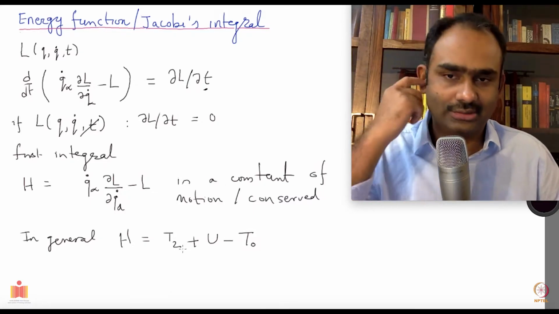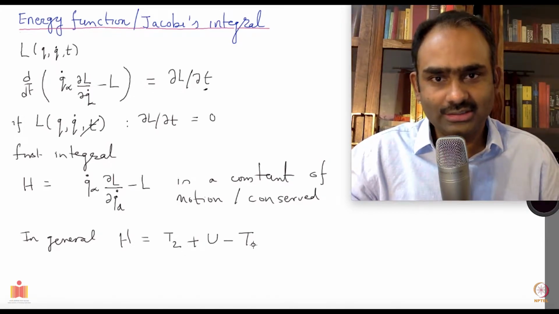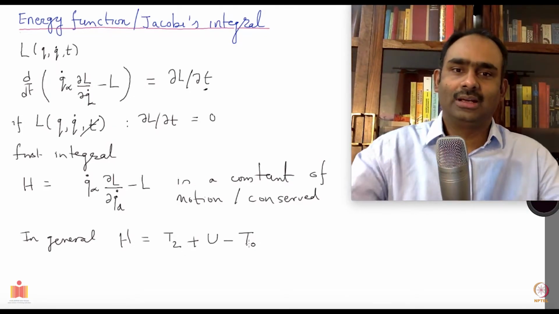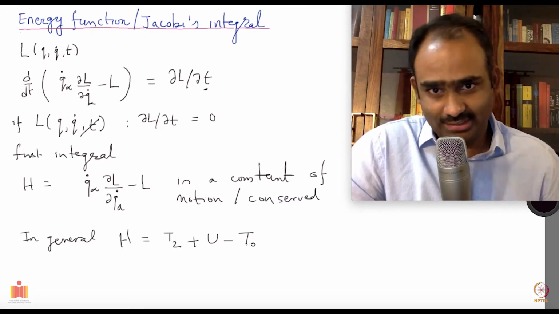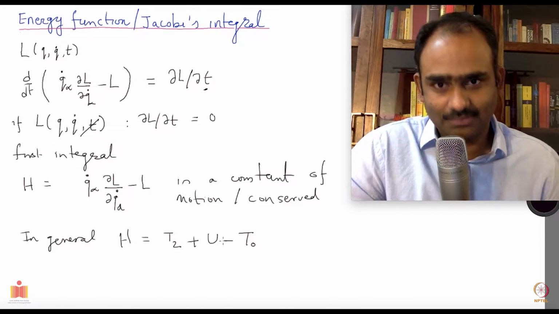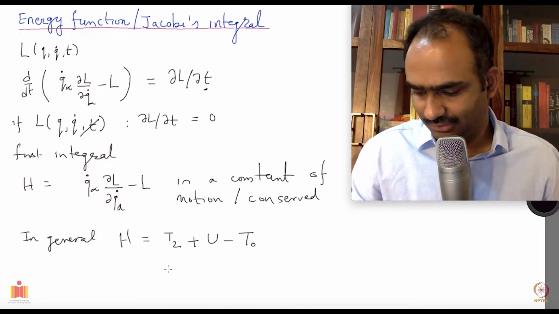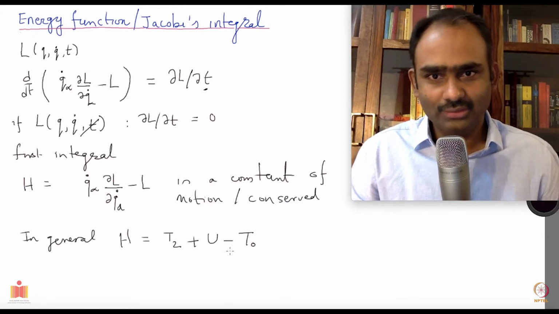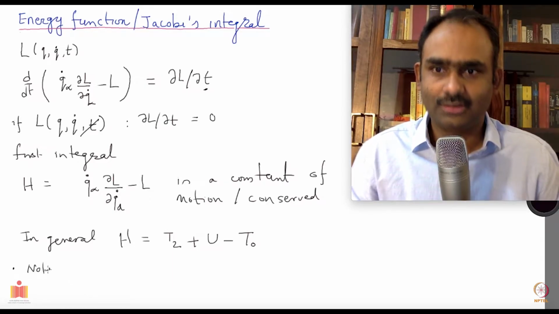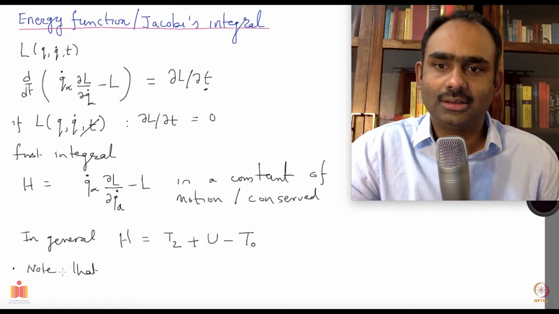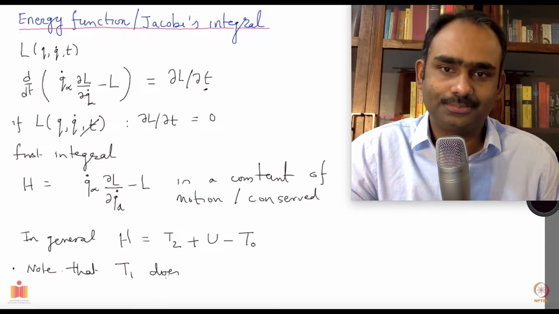Recall T2 is the term which is quadratic in generalized velocities, and T0 is the term which is independent of generalized velocities, and so is u. So u and T0 are on the same footing here, and that is what we found. And note that T1 does not appear in this expression.